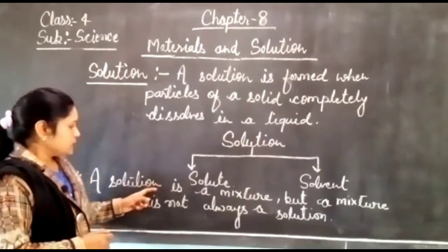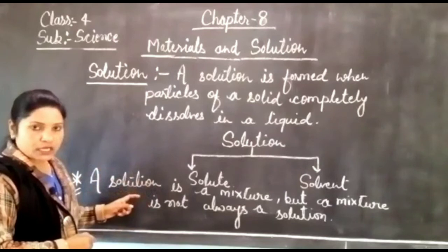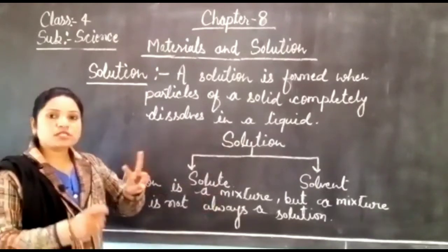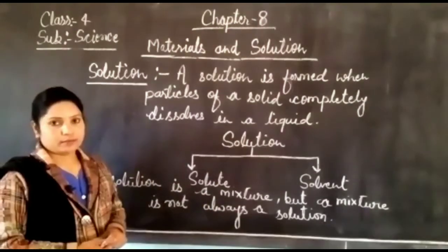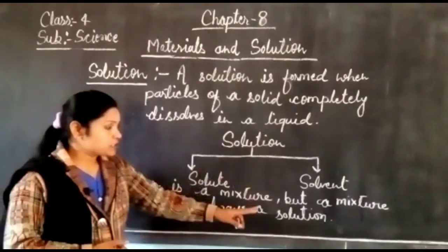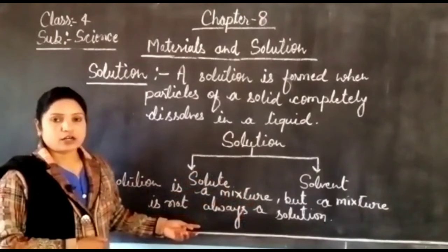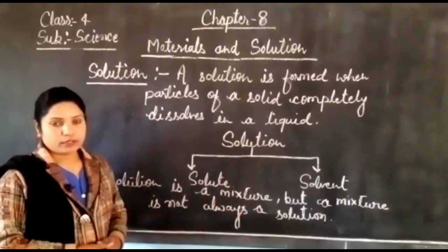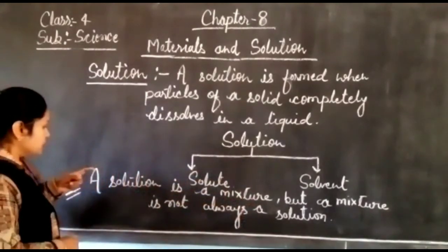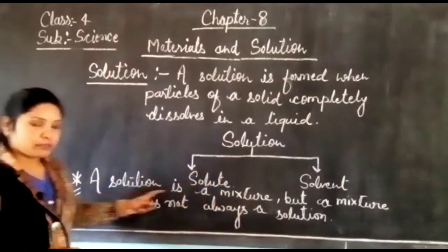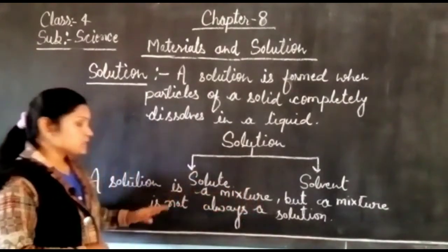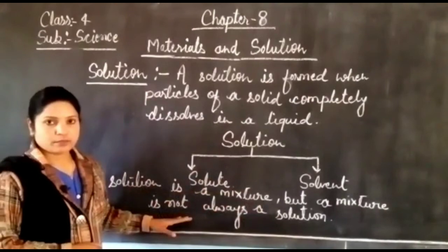But it is a mixture because two substances are mixed together. In a mixture, it may be heterogeneous, where substances are not distributed uniformly. So the point is, a solution is a mixture, but a mixture is not always a solution.